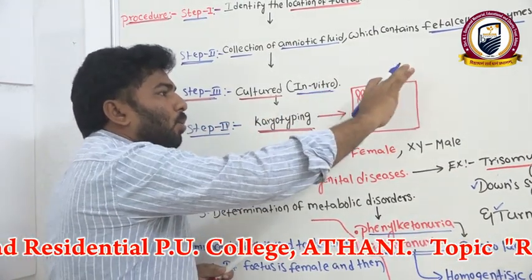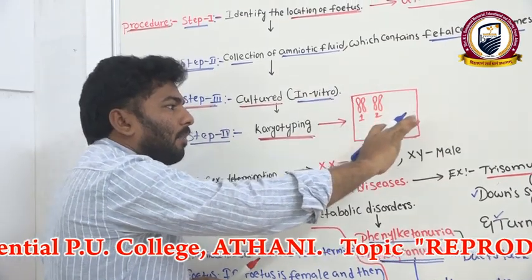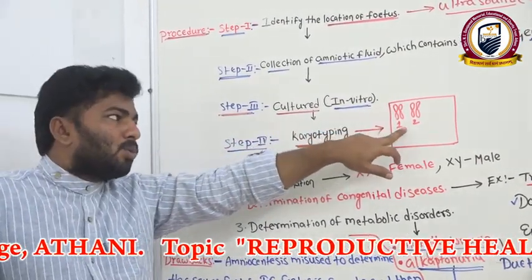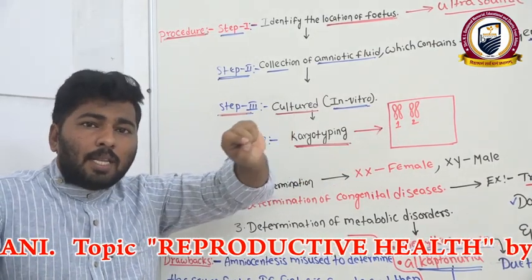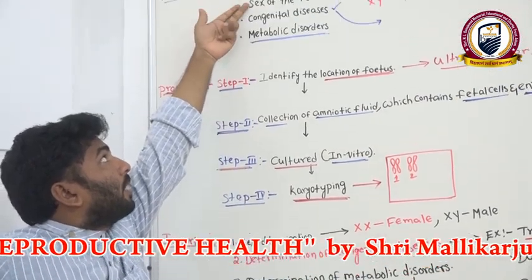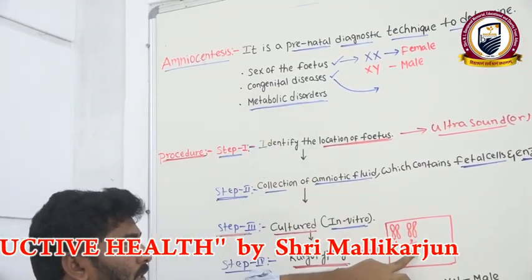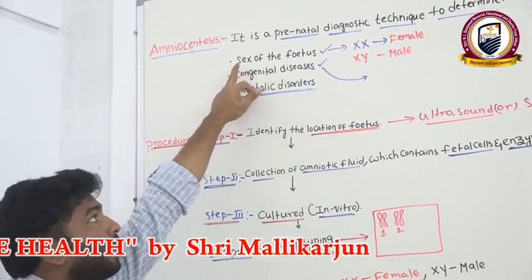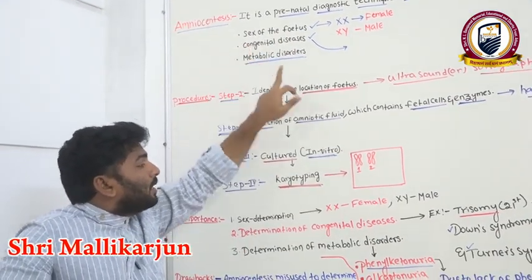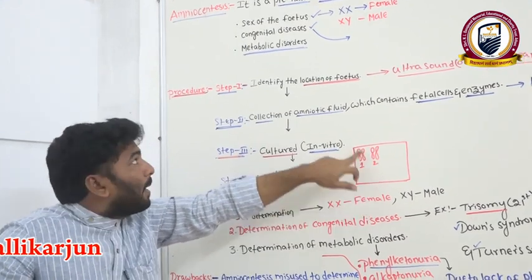Karyotyping means we are taking pictures of the chromosomal pattern, and by using the pictures, observing under the microscope, we are detecting whether there are any kind of defects or disorders in the fetus. Congenital diseases we are identifying by using chromosomal pattern.